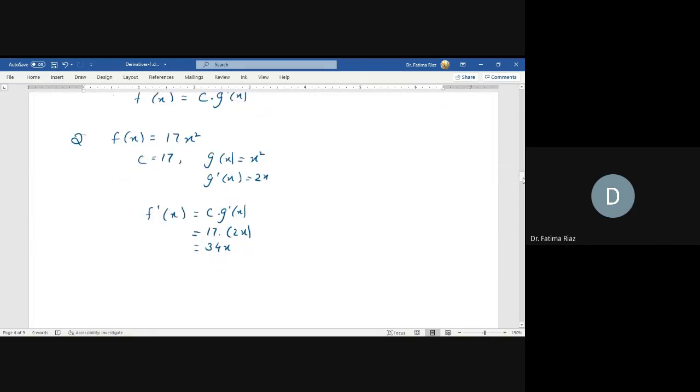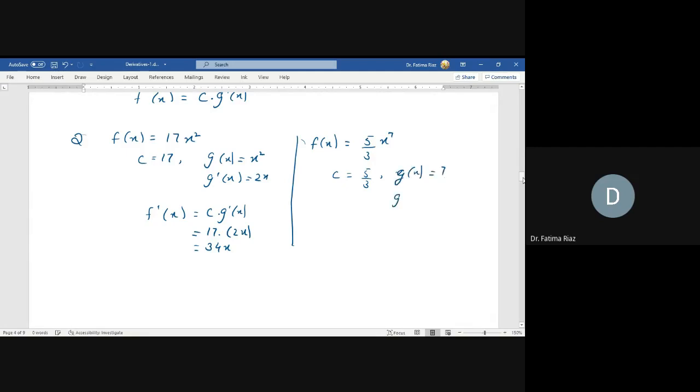Okay, see one more example from here. Let's suppose I have f of x is equals to 5 over 3 x power 7. So here c is equals to 5 over 3, g of x is equals to x power 7.